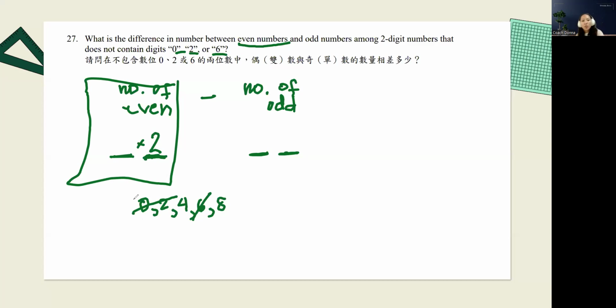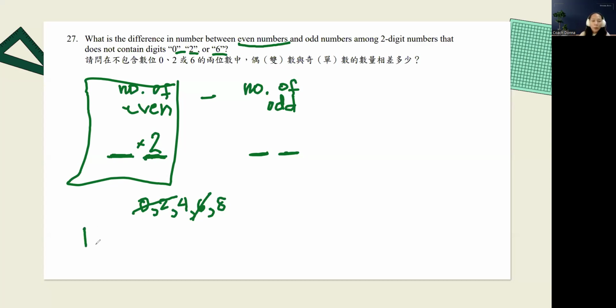Let's list down the possible numbers. For the first part, the tens place, we cannot use a 0, or else that would be a 1-digit number.